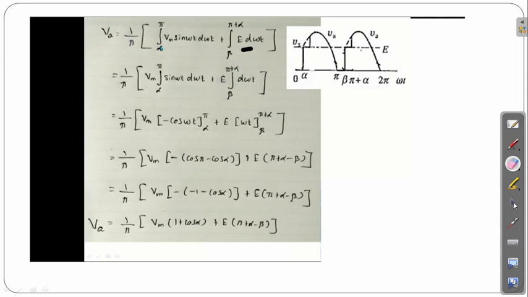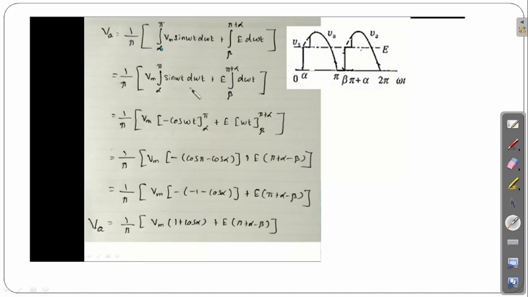So we have 1 by pi into Vm integral from alpha to pi of sin omega t d omega t, plus E into the integral from beta to pi plus alpha of d omega t. We take the constant E outside.